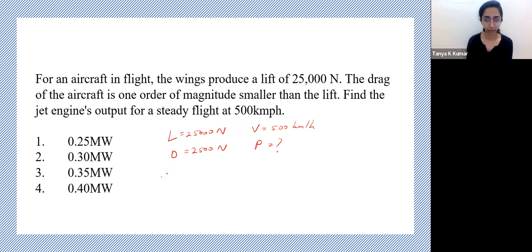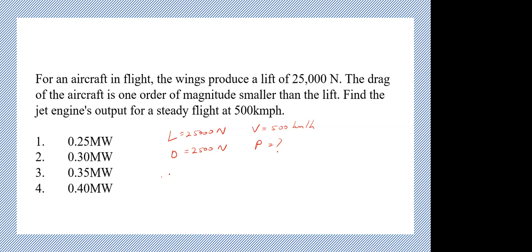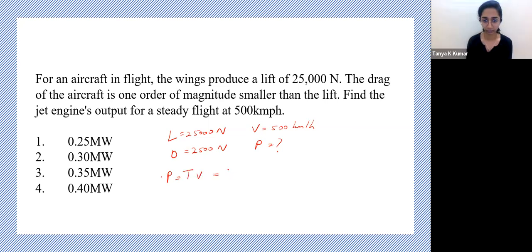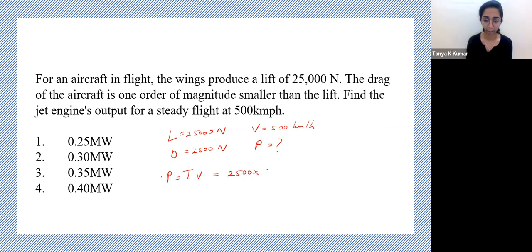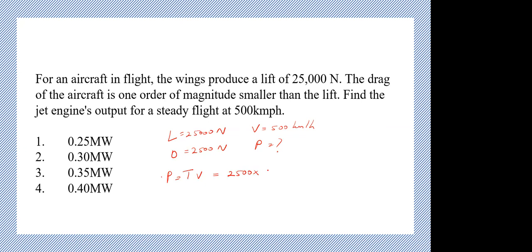Exactly. So are the others following this? Tell me, how do you find out the power? Thrust into velocity. Okay, and how much is this? Thrust is D by L, so 2500 into velocity. We need to convert it into meter per second, exactly, 138.888.